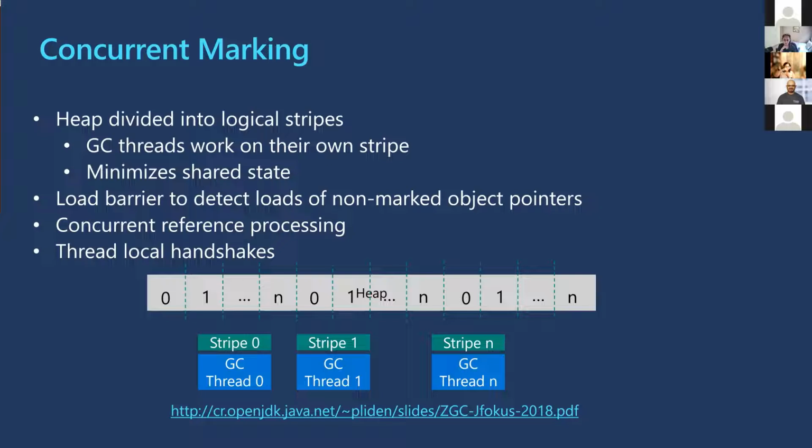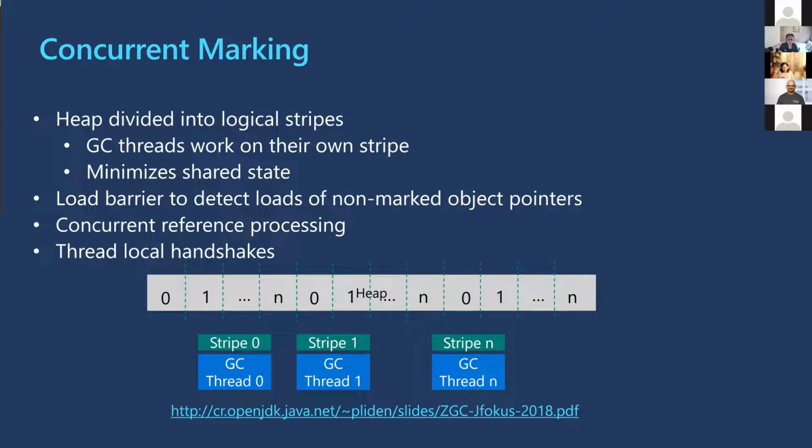When we need a GC or do a safe point, all threads have to come to a halt. Then a global stop the world event happens, and the GC threads start their work. But with ZGC, they introduced thread local handshakes, where each application thread can transfer the thread stack to a GC thread so that they can do the roots, right?